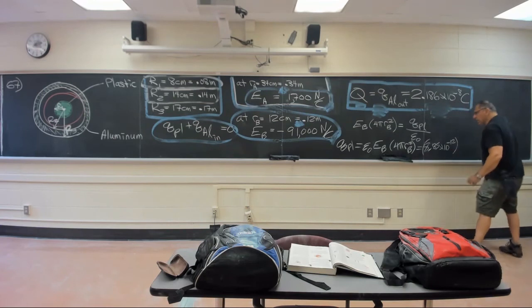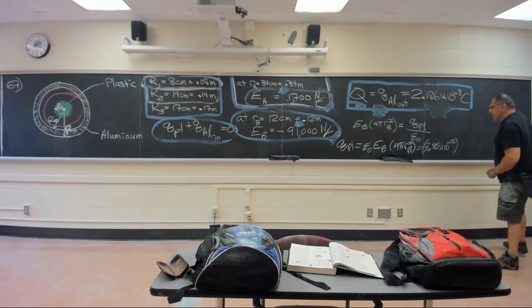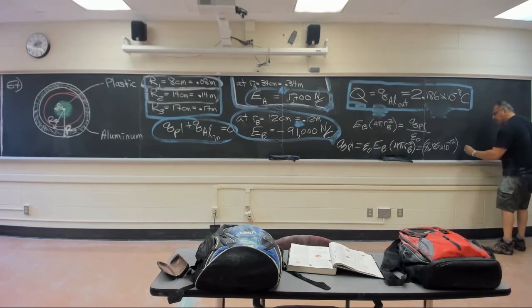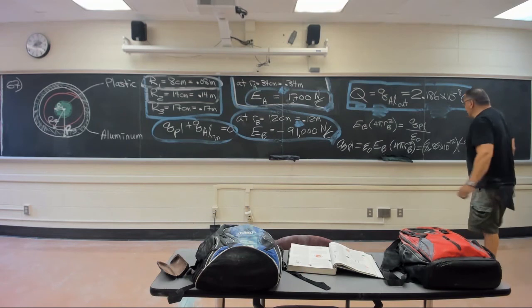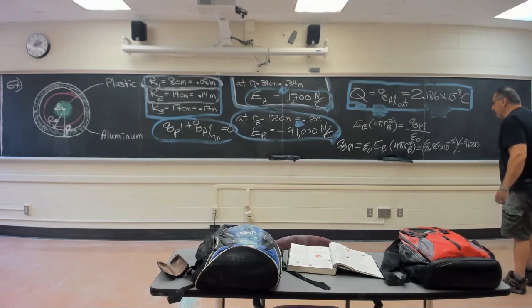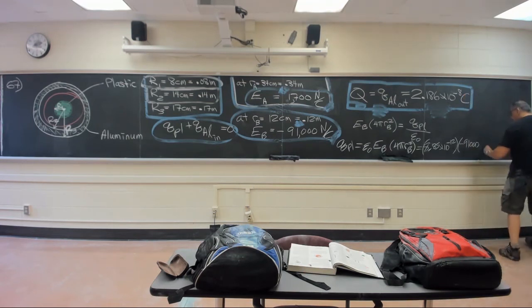E sub B is negative 91,000. 4 is 4. Pi is pi.